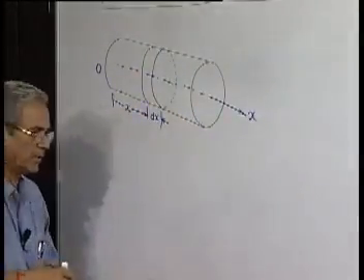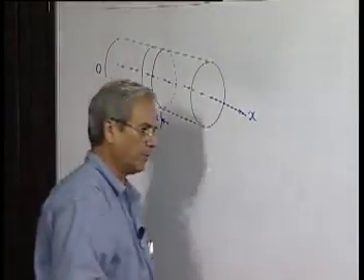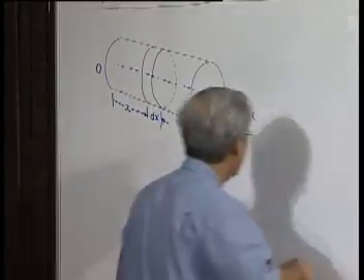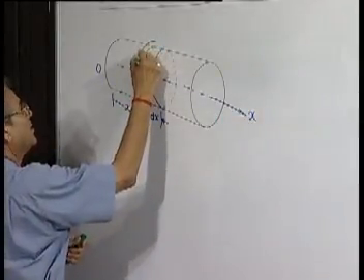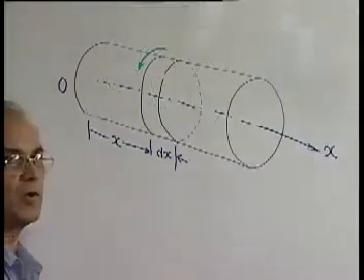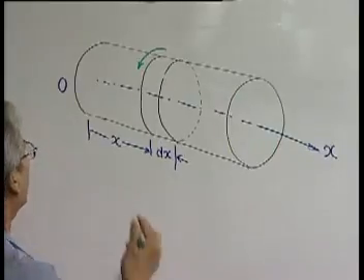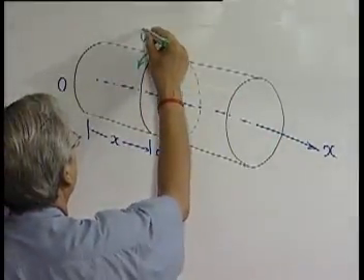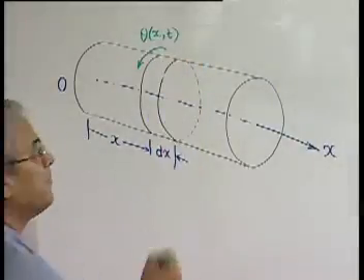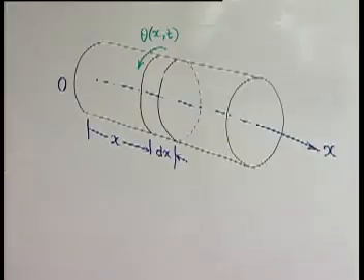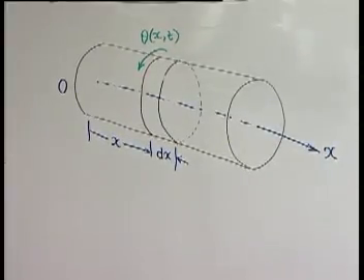If we imagine this element of infinitesimally small thickness, the displacements will be, if you take the plane which is at a distance x, this rotation. Now the displacement will not be linear displacement but angular rotation. Let this be theta, which will be a function of x and time. As we found in case of a bar, it was u, the longitudinal displacement, which was also a function of its position and also the instant we are considering.